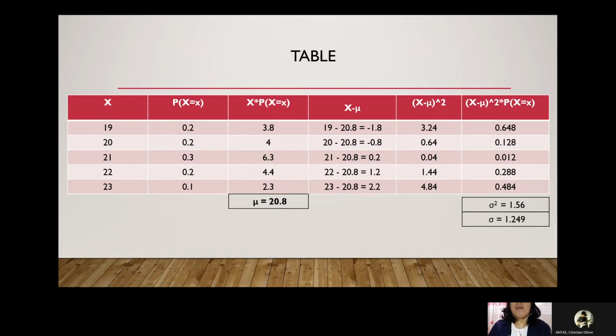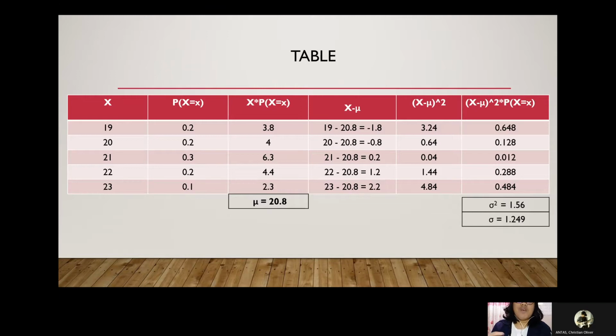Next, we are just going to subtract the mean from the variable. As you can see on the screen, I'm not going to say it further so that we have time. Once we get the answers there, like negative 1.8, we are just going to square it for the next step.